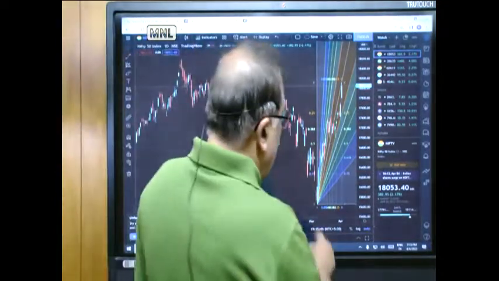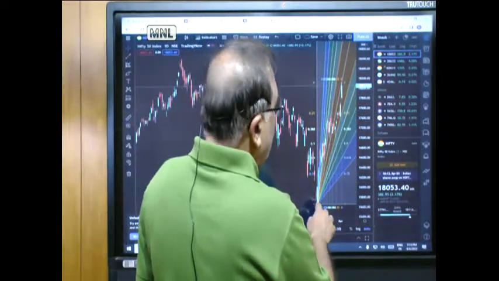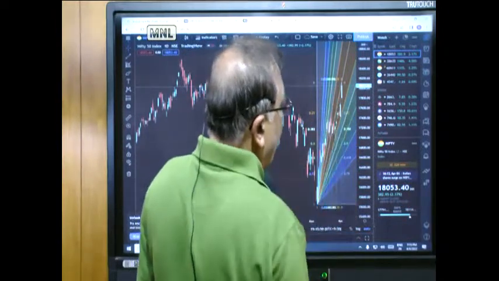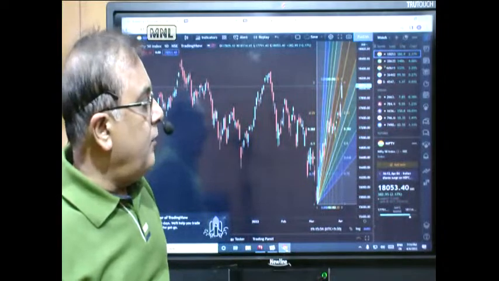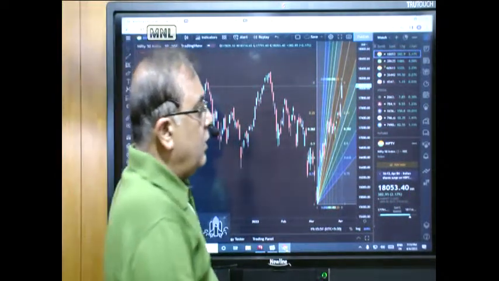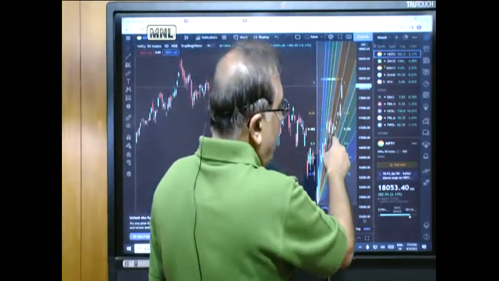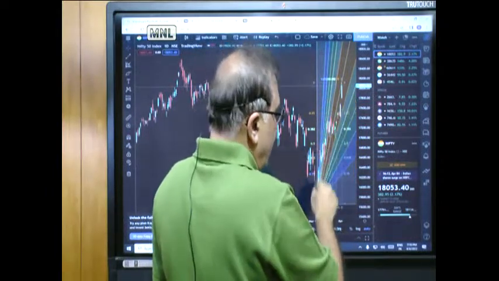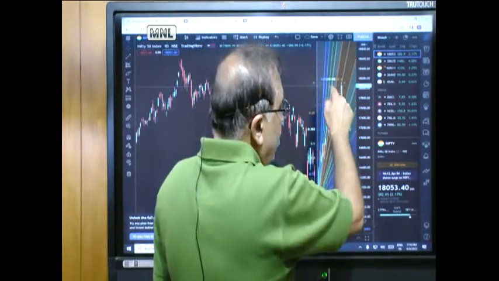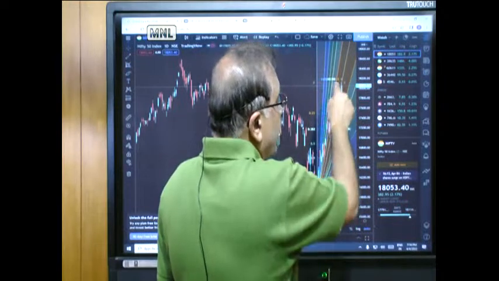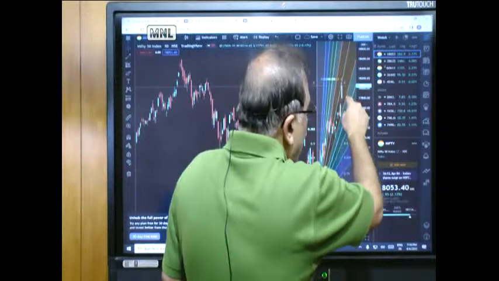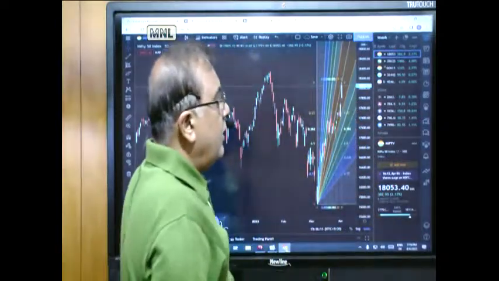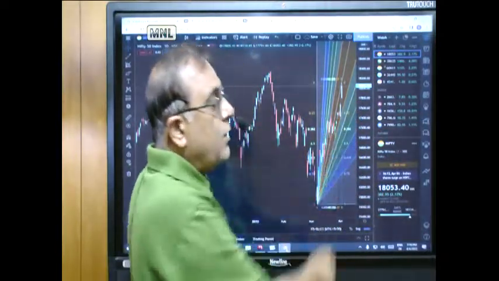Now if you see today, from the lowest level to today's high, if you draw that, see why this particular line, today's bottom of 15,650 to today's high, is very important: it is because a number of times the 0.25 Fibonacci fan has taken support at previous pivot point levels.